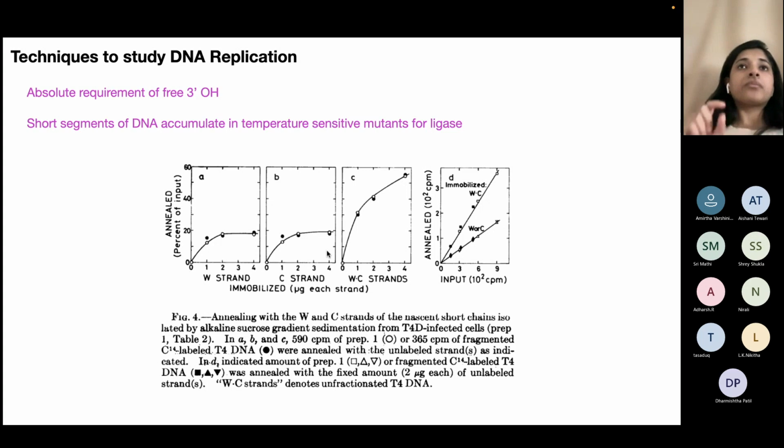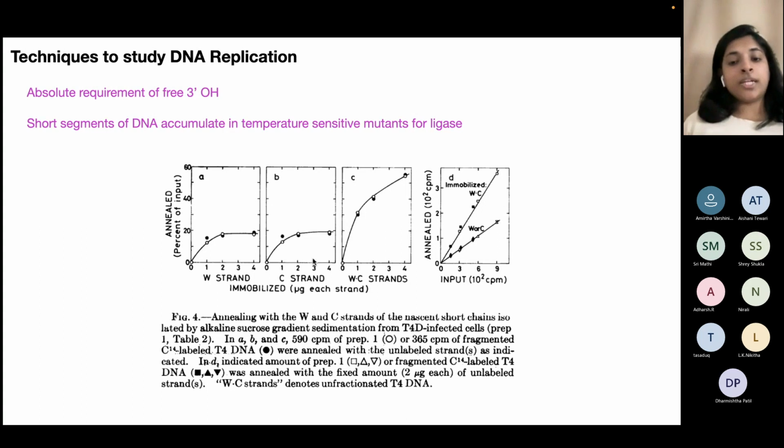Annealing means that they could bind to the purified W strand, which meant there was some complementarity. So they found that these short segments of DNA were complementary to both the W strand and the C strand, so complementary to both parental strands of the phage. This is what they identified.